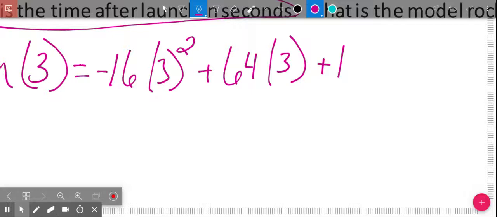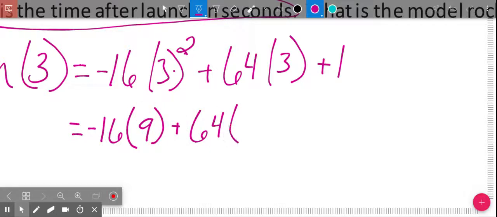Okay, so this is really just an order of operations problem, so you have to start with your exponents. We always do those exponents first. So 3 squared is going to give me 9, plus 64 times 3, plus 1. There you go.